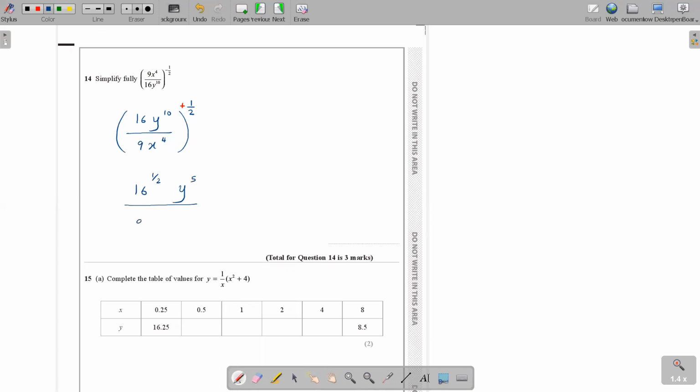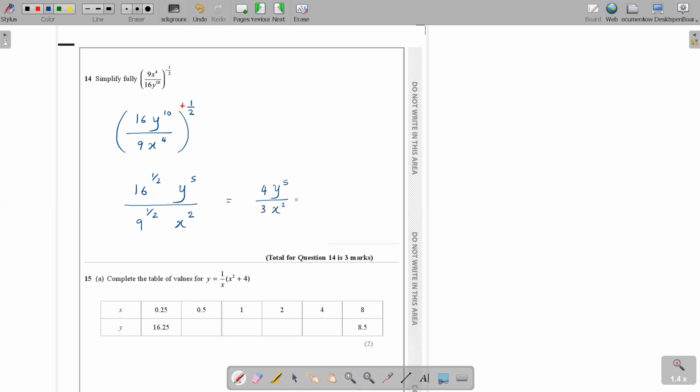And you get here 9 to the power of half into x to the power 4. Already x has a power 4. So 4 into half, you get power 2. So simplifying 16 to the power half, you could type in the calculator, or you could understand 16 to the power half is simply square root of 16, isn't it? So that is 4 times y to the power 5 over 9 to the power half, which is again the square root of 9, which is 3x squared.